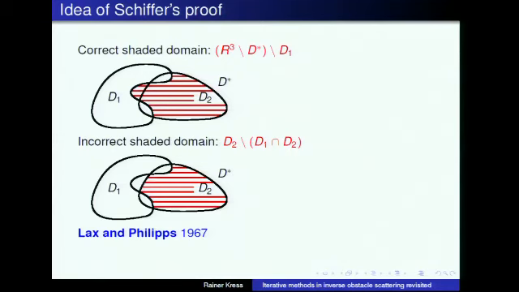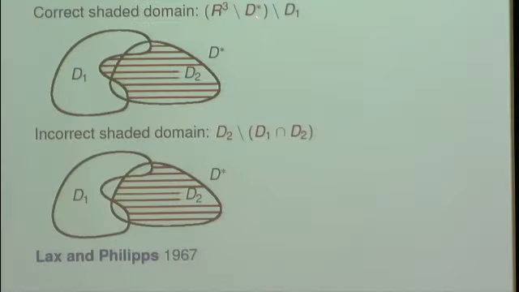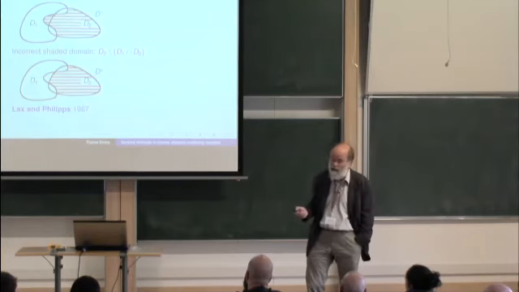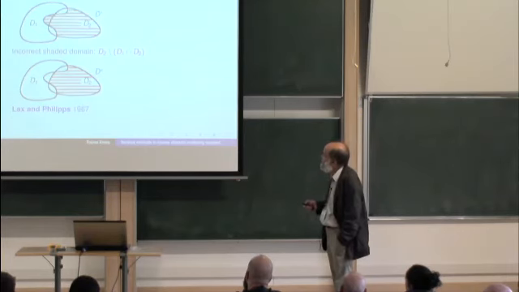And the third reason is it's important in the proof that you use the correct shaded domain. If you make a set theoretic notation, you first have to introduce D star and then take D1 away from the complement of D star. You also can use an incorrect domain for your proof. Namely, it's much easier to write down, to take away from D2 the intersection of D1 and D2, and then in the case if the complement is not connected, you get a hole in here and the proof doesn't work anymore because you cannot show that U1 is equal to U2.